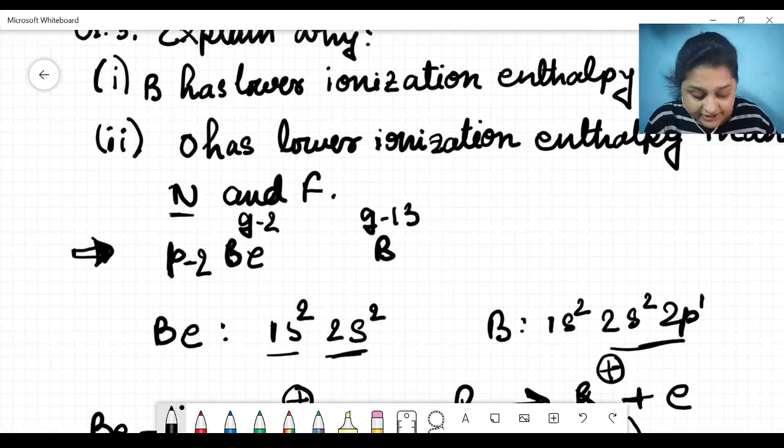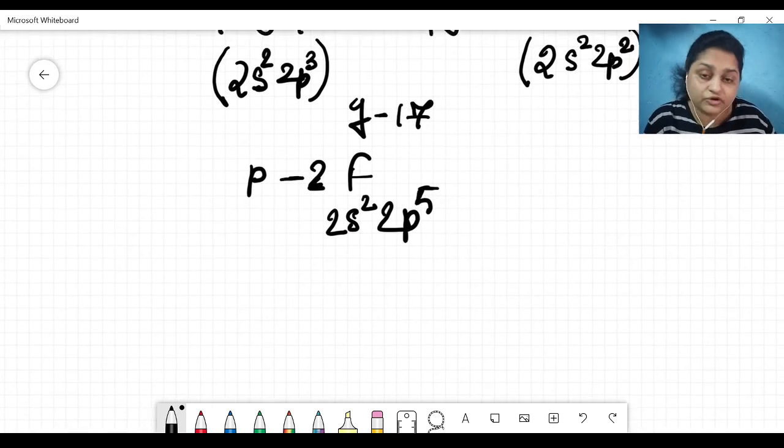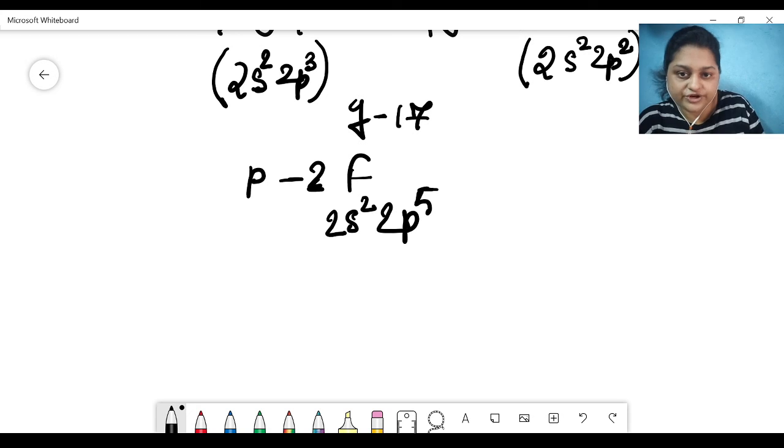The question is stating that oxygen has a lower ionization enthalpy than nitrogen and fluorine, meaning oxygen has lower ionization enthalpy compared to fluorine, which is true, in accordance with the periodic trend, as fluorine is situated on the right hand side of oxygen in the same period. So the ionization enthalpy of fluorine is more compared to oxygen. Not only that, by just gaining one electron, fluorine can attain the octet.